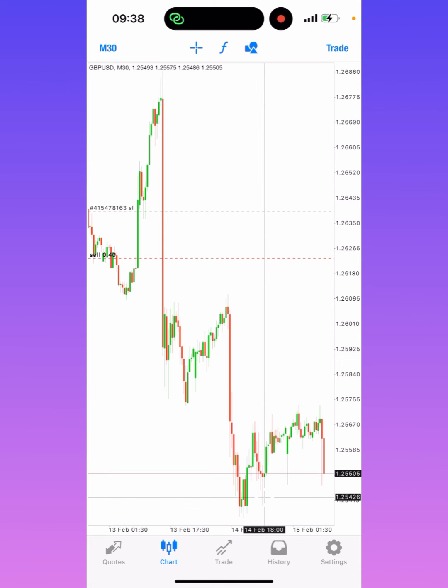It didn't break the previous low, the previous lower low, and then it gave us another high. You can see here, this is another high, and it comes back at this point, high.